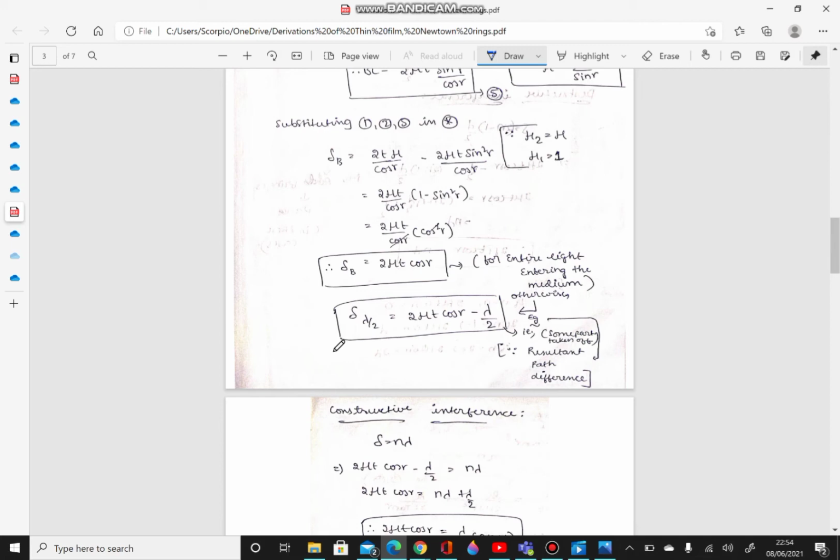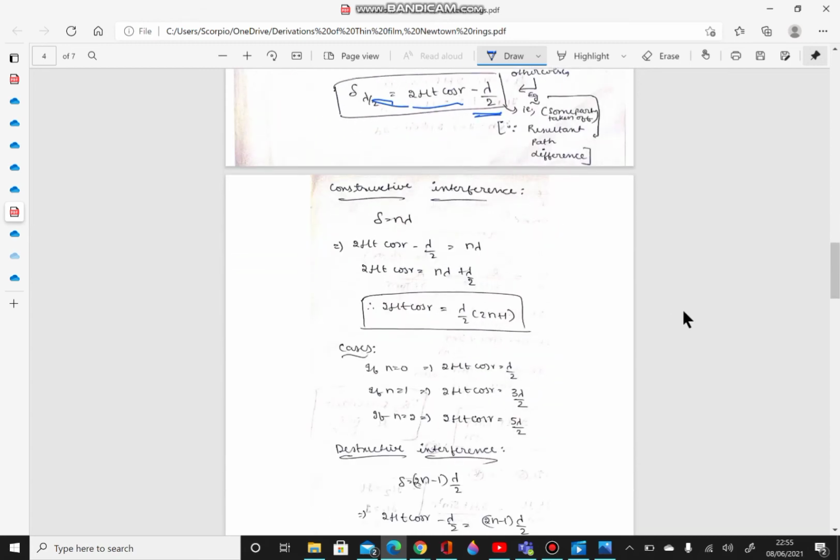We'll generalize this formula as path difference equals 2 mu t cos r minus lambda by 2. This is the required formula for path difference in this experiment.